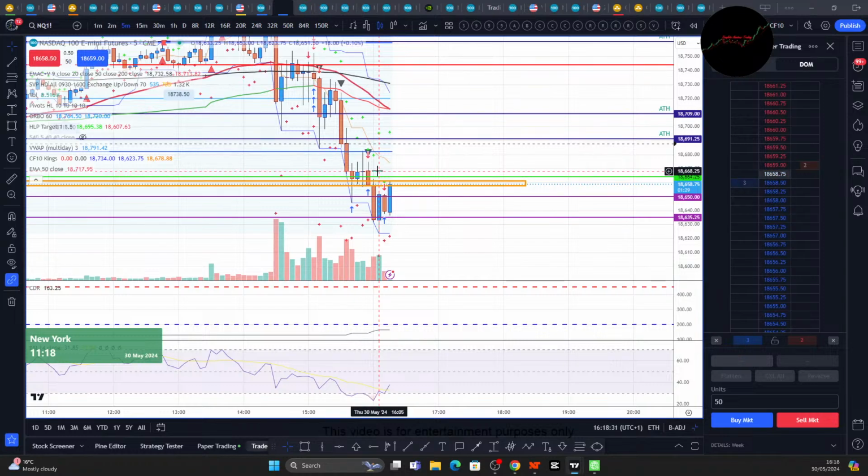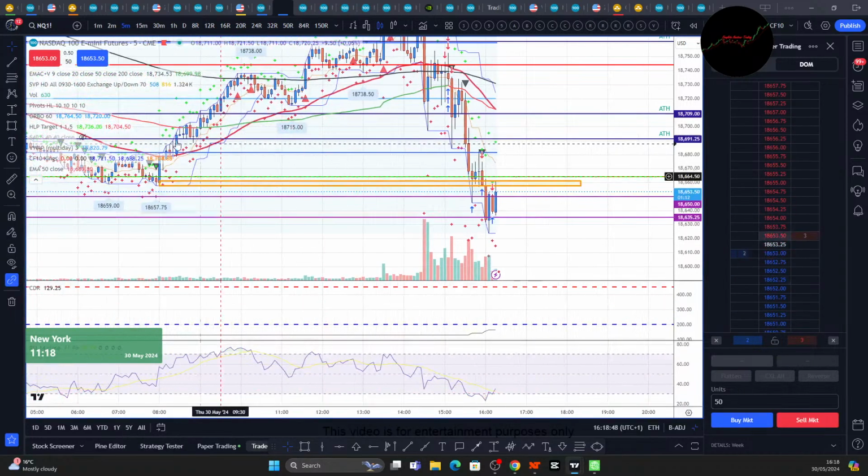Move up to 68.25. Let's see. Could retest the previous lows and sell. Let's see. Retest the previous lows. Counter resistance.